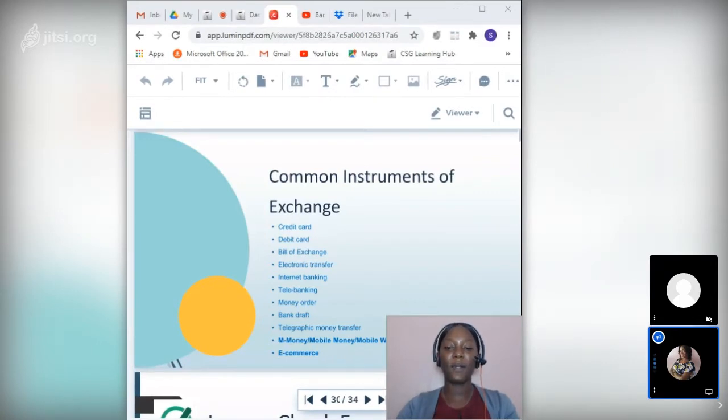So you need to have the following before you do a wire transfer: the receiver's name, the person or organization that should receive the money, the receiver's bank account information, the name and address of the receiver's bank, the SWIFT code of the receiver's bank, and also the value of the payment.